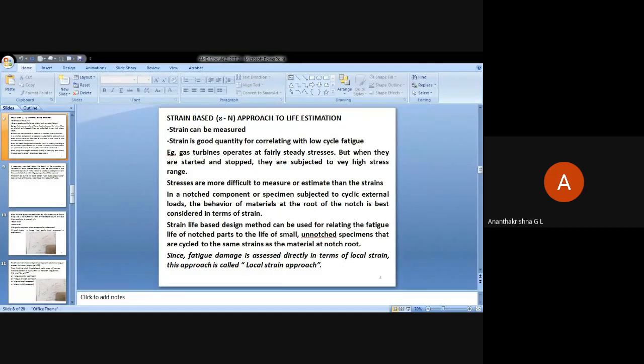Mithun, what are you seeing? Which one are you seeing on your screen? Strain based approach to life estimation, no? Minimize it. Yes, sir. Wait, now one more window you open. See, I am opening. Now also you are seeing the same thing, no, Mithun? Yes, sir.